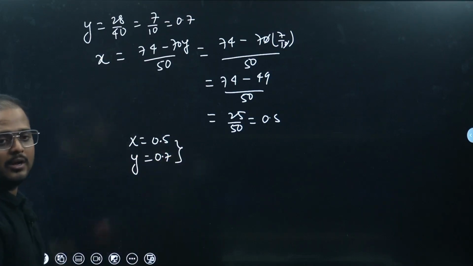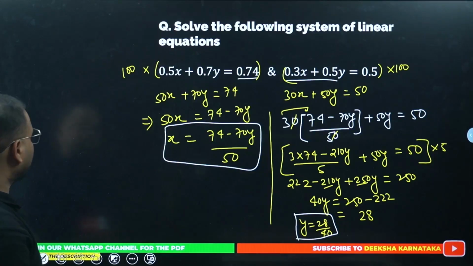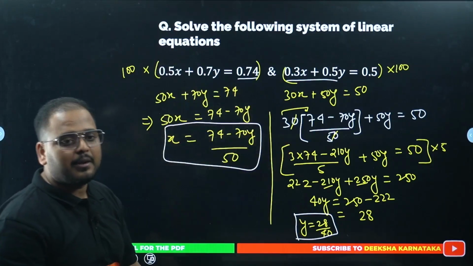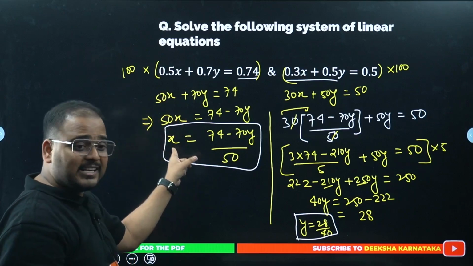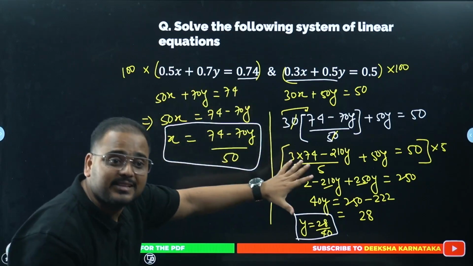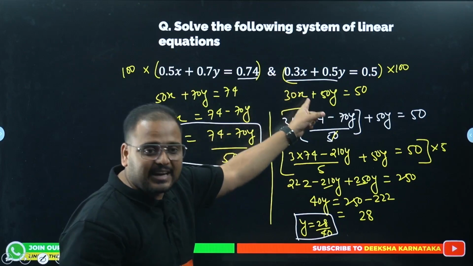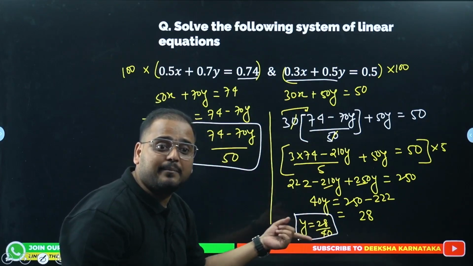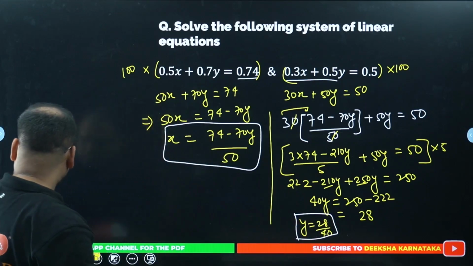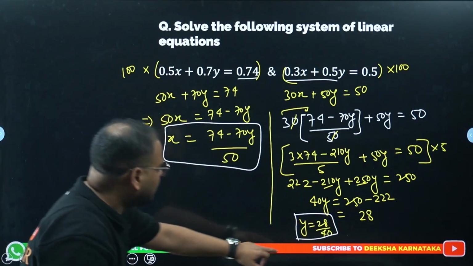Done. Check it out. We'll go back and explain again. Equations were given, multiplied 100 on both sides. From the first equation I got the x value by taking everything on the other side. Substituted back in the second equation, simplified it to get the value of the variable y, 28 by 40.